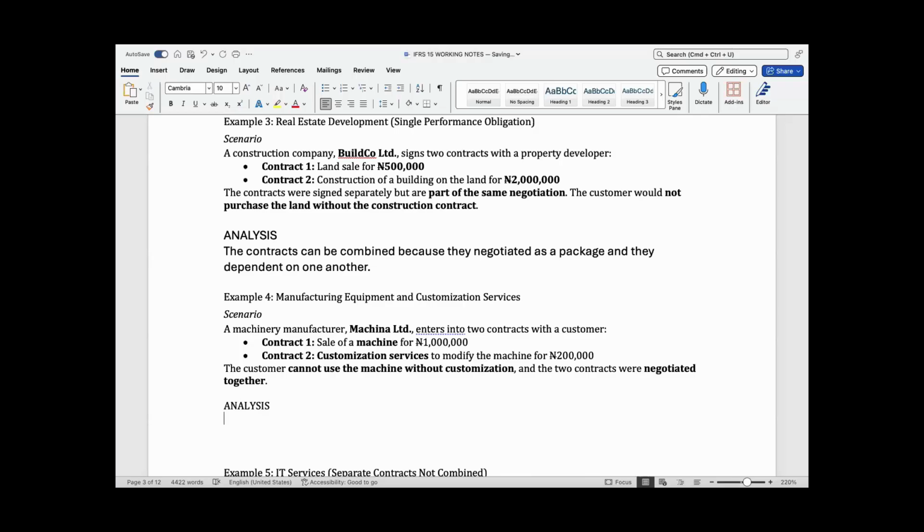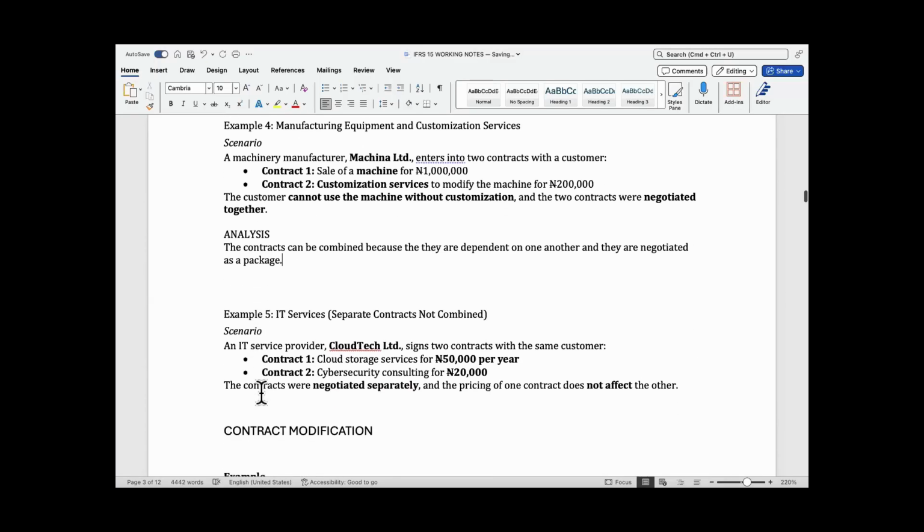For this one, the contracts can be combined because they are dependent on one another and they are negotiated as a package.